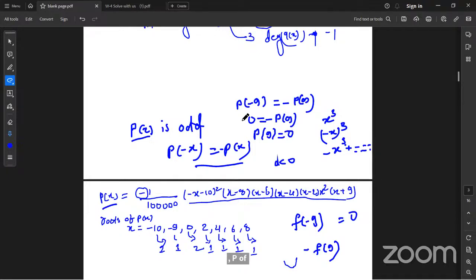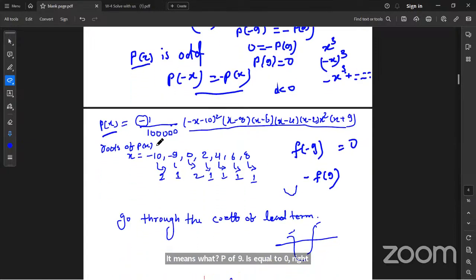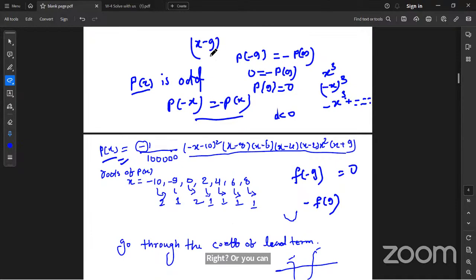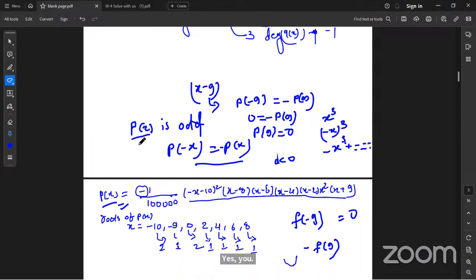It means x minus 9 is a factor of this polynomial p(x), or 9 will become a root of this polynomial p(x), right?